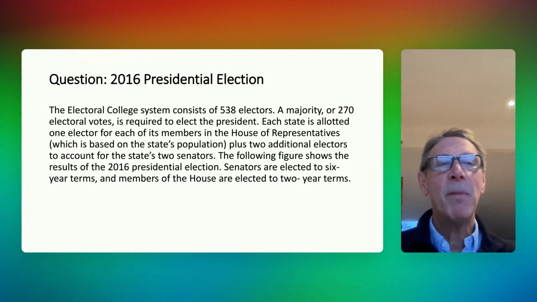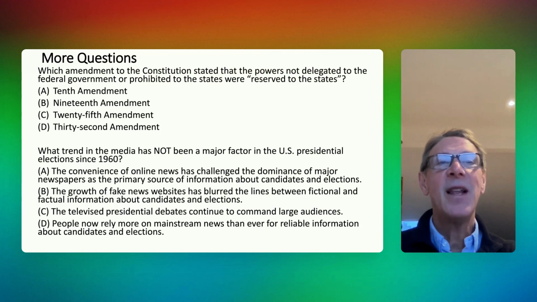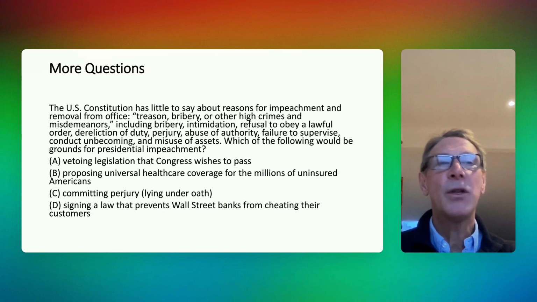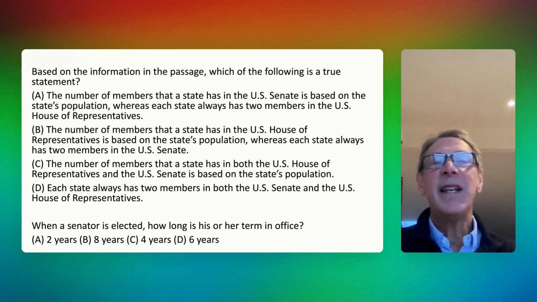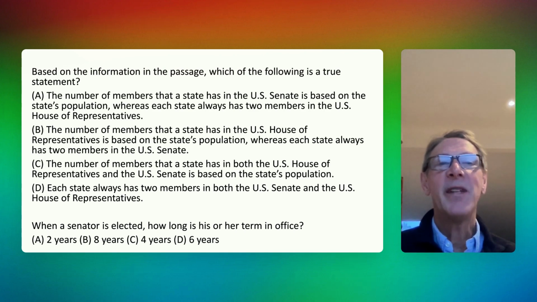So let's go back. I'm sorry about this. Let's go back and go through this question. A, the number of members that a state has in the US Senate is based on the state's population, whereas each state has 2 members in the US House of Representatives.